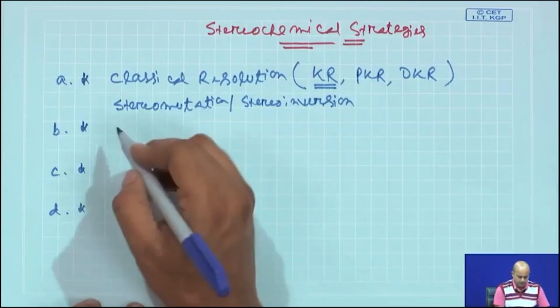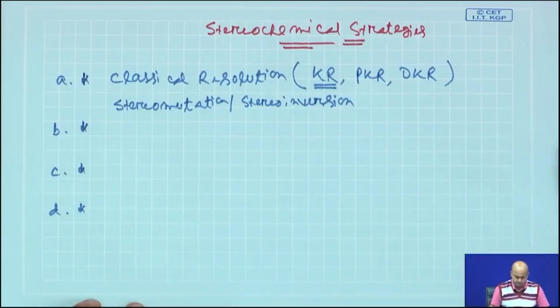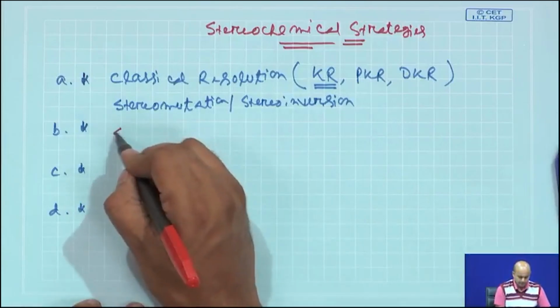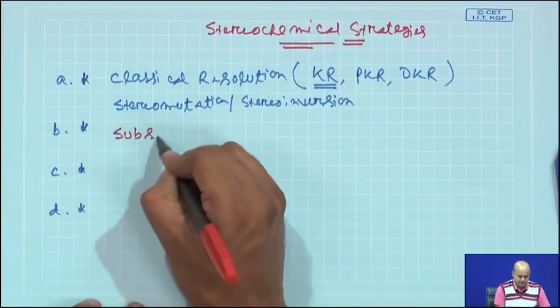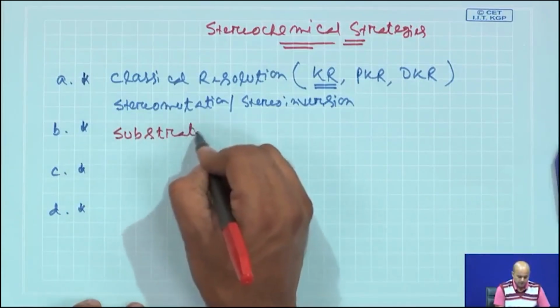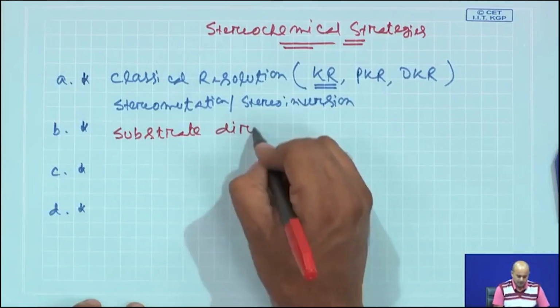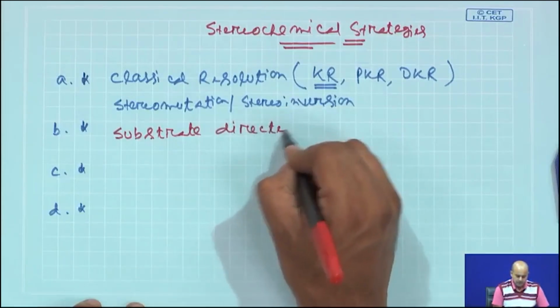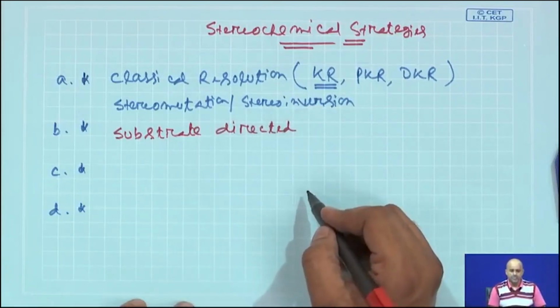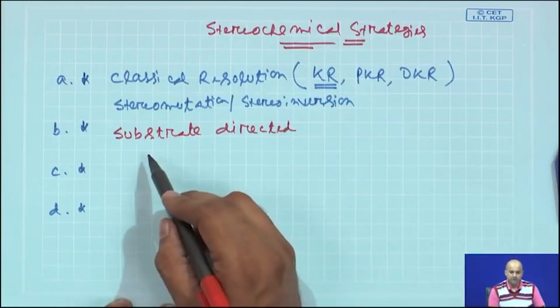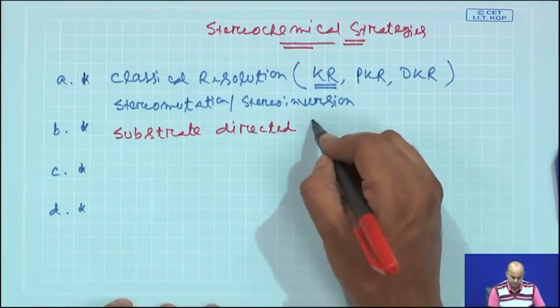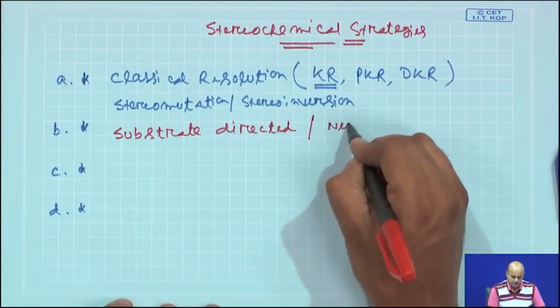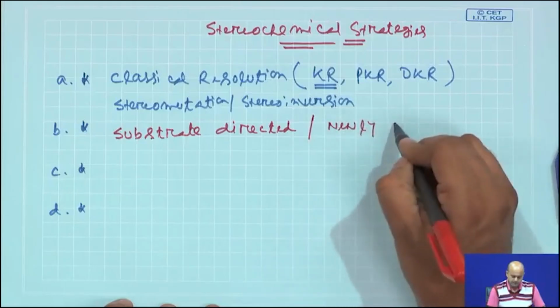Then the second part, which is very well known, is the substrate directed strategy, meaning your starting material has existing stereocenters. Based on these existing stereocenters, newly generated stereocenters can be created.